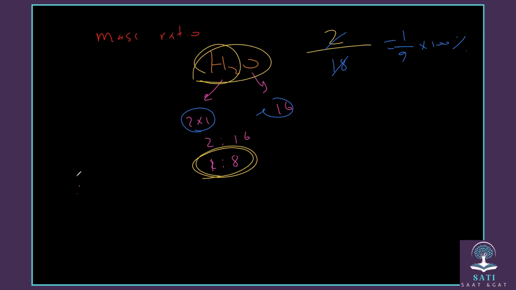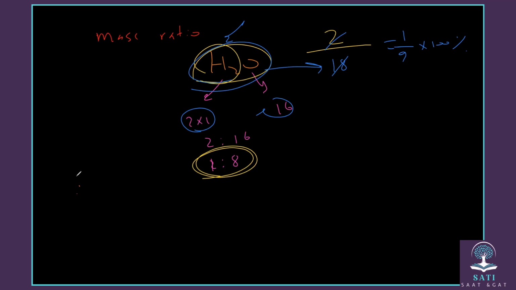So mass ratio can be the ratio of the mass of an element in its compound. To get this mass ratio, you divide the mass of the element in that compound, here the mass of hydrogen is 2, by the molar mass of the whole compound, which as you see is 18.